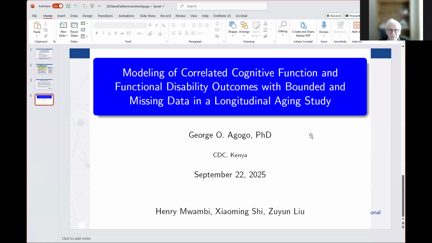And a lot of his work in his dissertation had to do with handling measurement error and finding ways to address that, something that we usually assume doesn't exist. And so that's a great area. Another area that he has specialized in is in joint modeling.